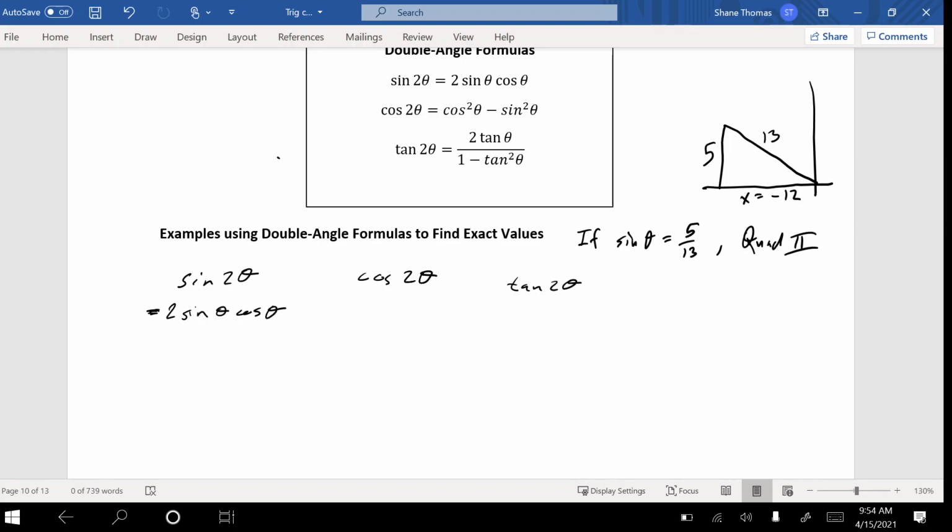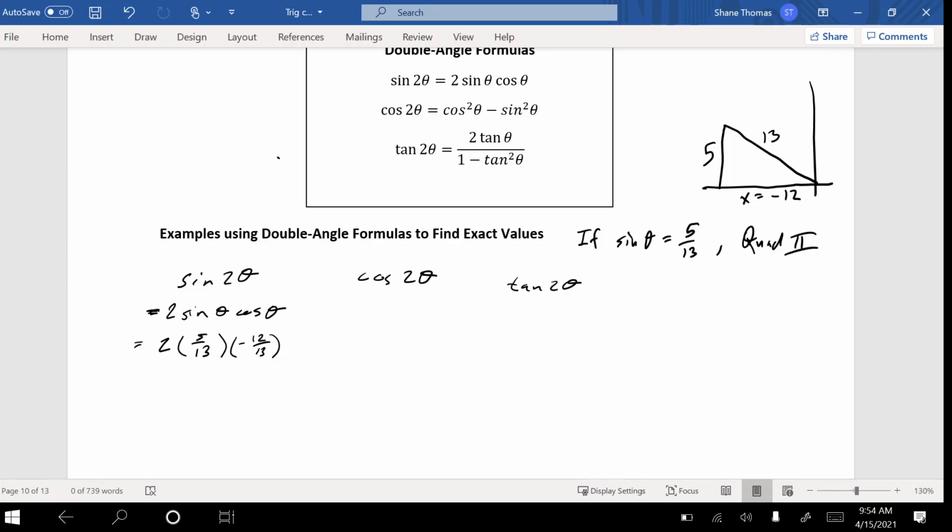We know what the sine and cosine is. So I'm going to have 2, what's the sine of theta? 5 over 13. What's the cosine of theta? Good, negative 12 over 13, which is adjacent over hypotenuse.